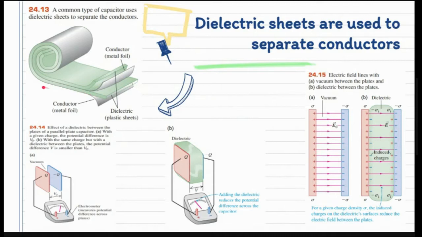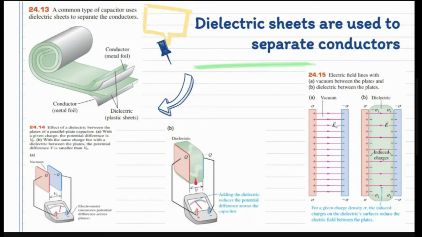Now, as you can see here, if we have a vacuum as our dielectric material, meaning the dielectric is air, the potential difference is increasing.